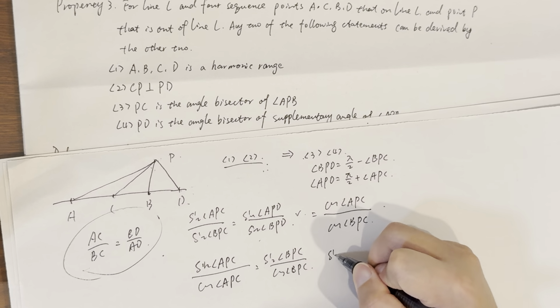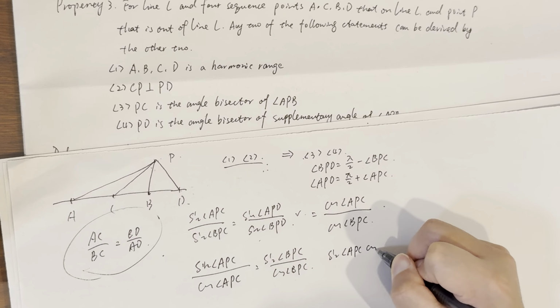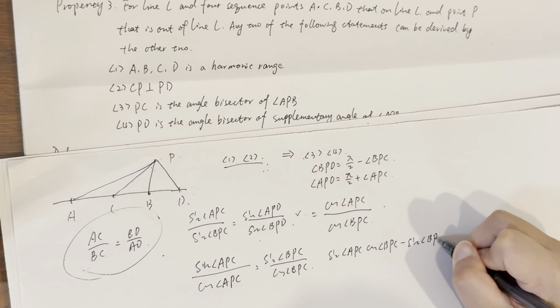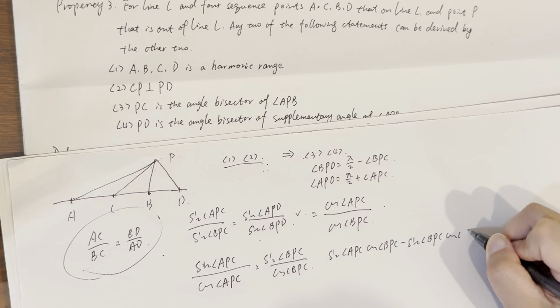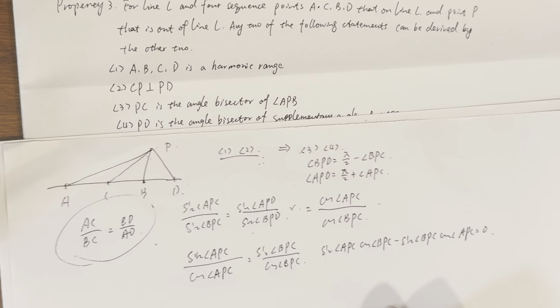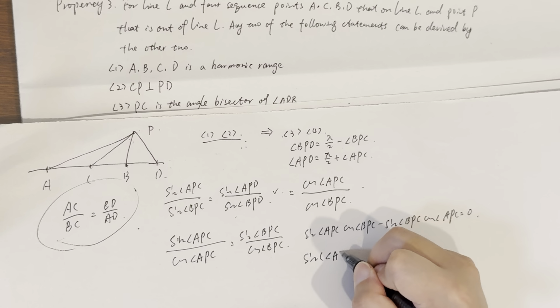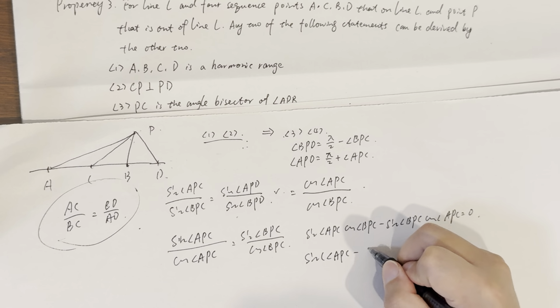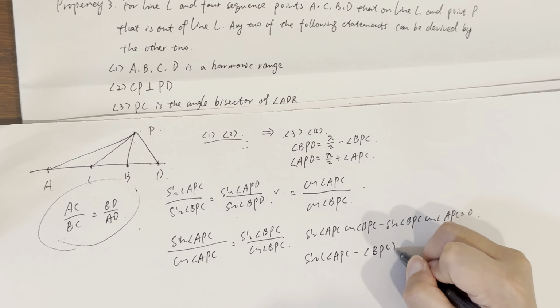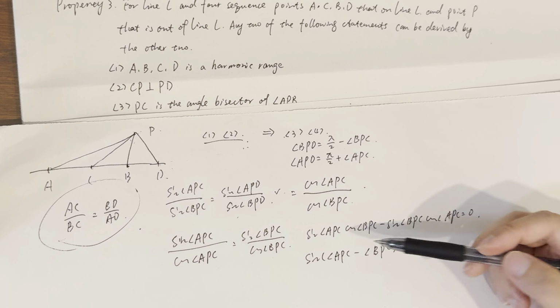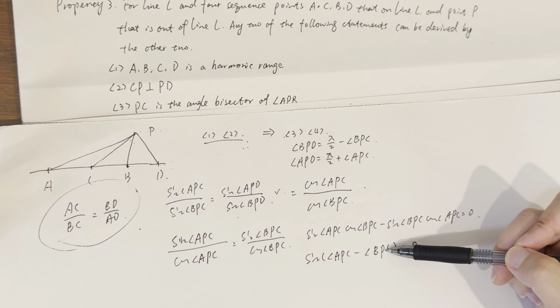We get sine angle APC cosine angle BPC minus sine angle BPC cosine angle APC equals 0, which means sine of angle APC minus angle BPC equals 0, which means angle APC equals angle BPC, right?